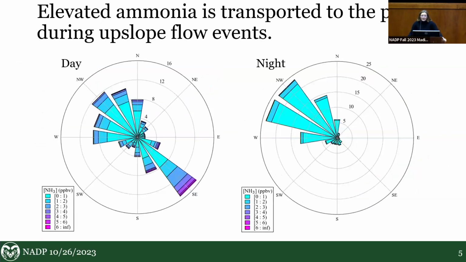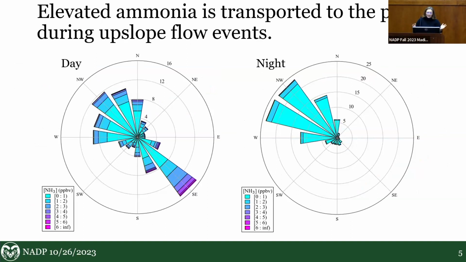We can see that in some simple wind rose plots for ammonia. Here I've separated out the daytime and nighttime wind roses, looking at wind direction and also ammonia concentration. During the day, we have two sectors of transport: west to north, which I'll call downslope, and south to east, which I'll call upslope.